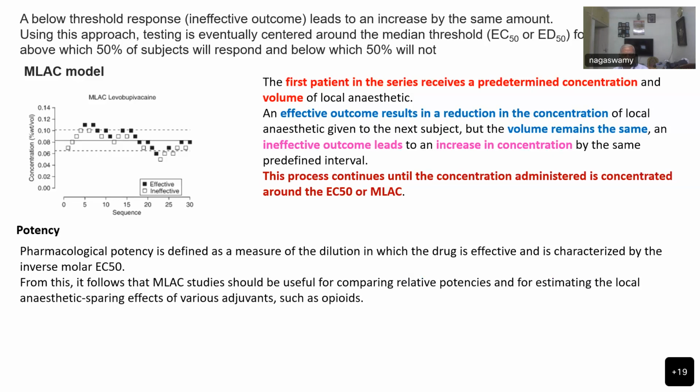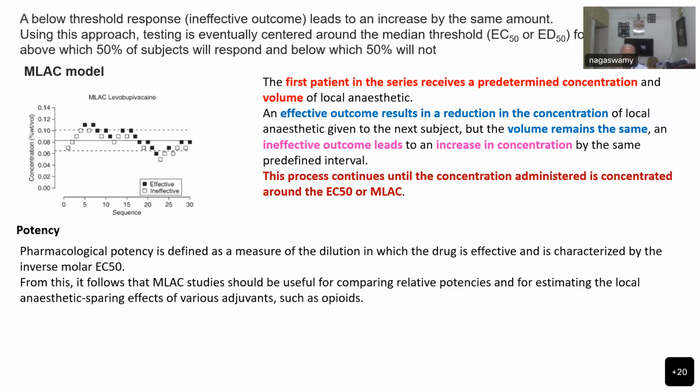So if you add an opioid, for example, in pregnancy, when we want to give postoperative pain relief, along with bupivacaine, we give fentanyl also. When you give fentanyl, you can safely reduce the concentration and volume of the bupivacaine that you give, so that even for cesarean you can give just 1.5 ml of 0.5% heavy bupivacaine with 25 micrograms of fentanyl.